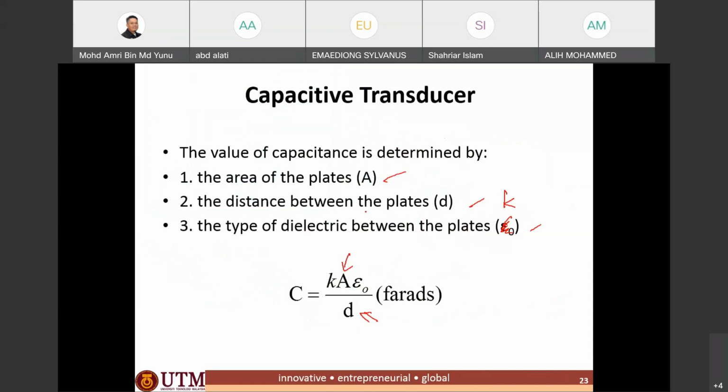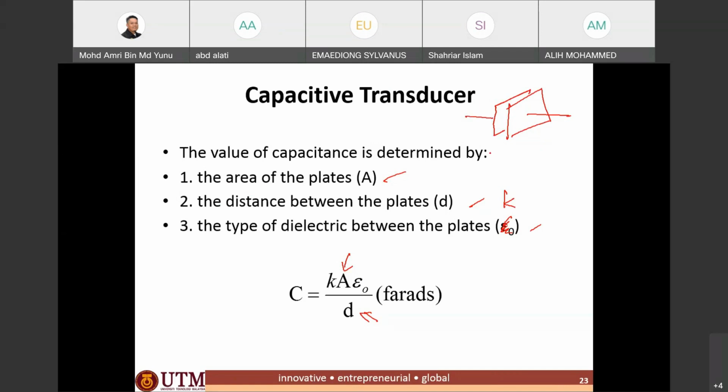Okay, next we look into displacement transducer based on capacitive transducer. We know that the capacitive transducer is based on two conductive plates, separated by an insulator. Insulator means a non-conductive material.